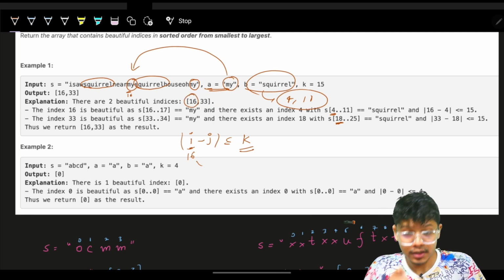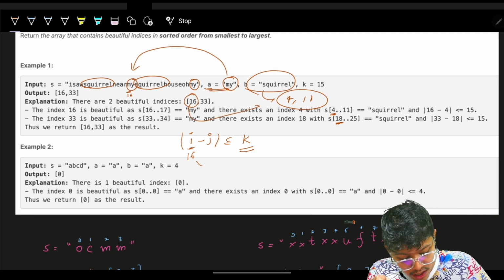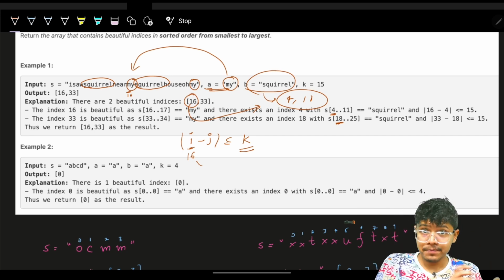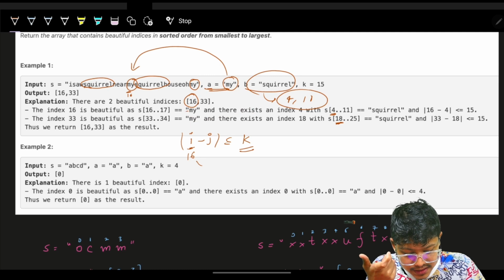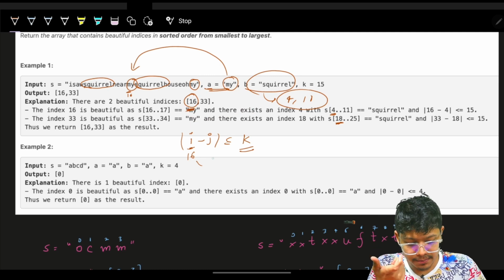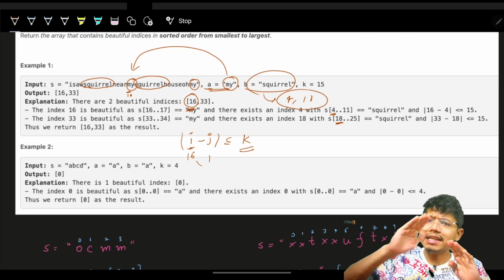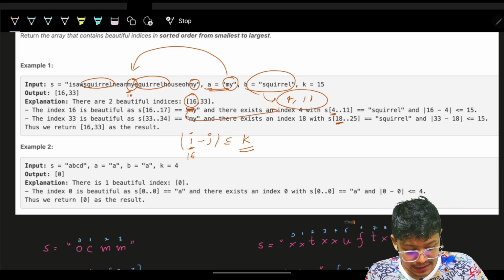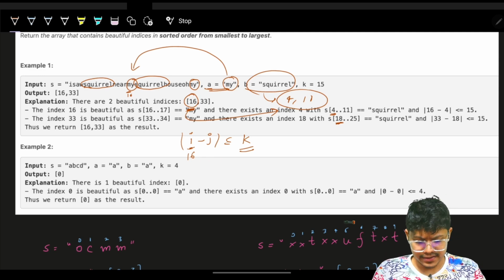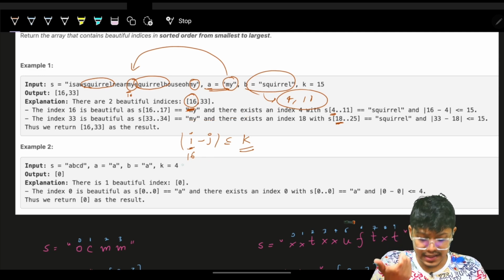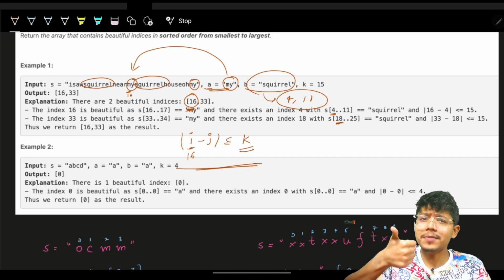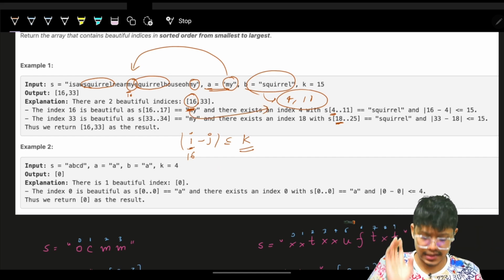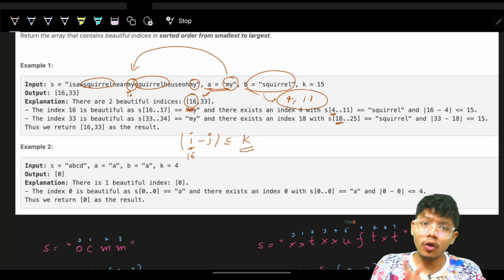For 16, I will search in the array b and find the nearest number to 16, either higher or lower. If it is less than or equal to k, then great. So I'll find the just higher number and the just lower number than 16, and I'll perform this for all of these elements.